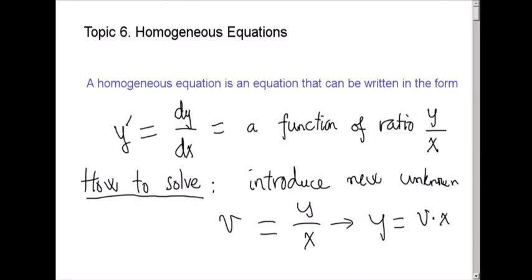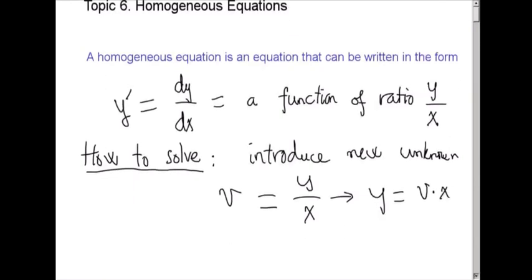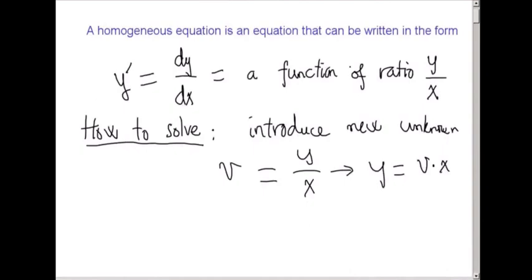By introducing the new unknown v like that, the right-hand side here, we know that it's a function of the ratio, so it becomes a function of v. On the other hand, what is the left-hand side? The left-hand side is the derivative dy dx. So let's compute this.